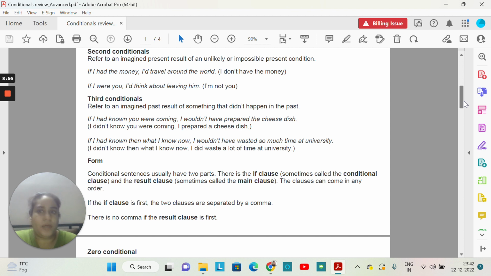If I had the money, I'd travel around the world. That means I would travel around the world. The second part of the sentence, though we're using a contraction, but I want you to understand the outcome, the result, when we are framing second conditionals, will always have a modal. Would, could, should, might.